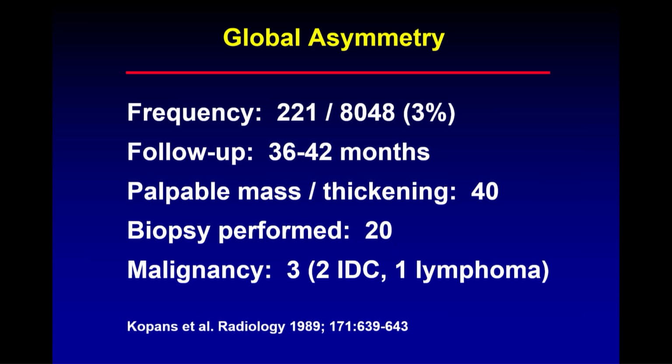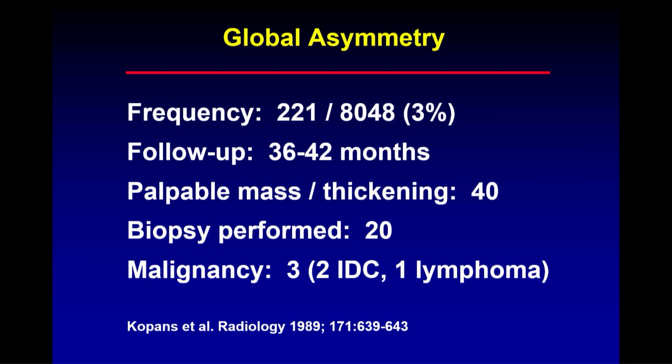Of these patients, 40 out of the 220 were palpable. Biopsy was done in only 20 of the 40 that were palpable because the others, for whatever reason clinically, just didn't come to biopsy, but they were followed long enough to know that they weren't breast cancer. Of the palpable lesions, 3 of them had malignancy, only 2 of which were breast cancer.